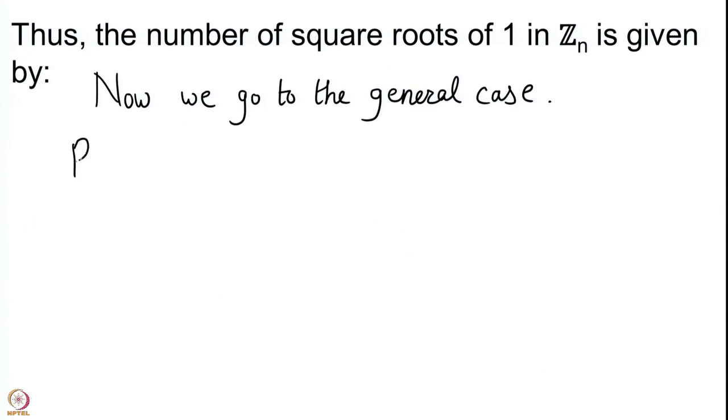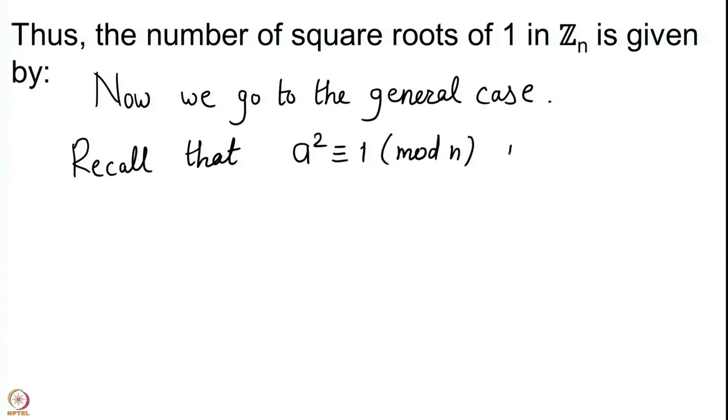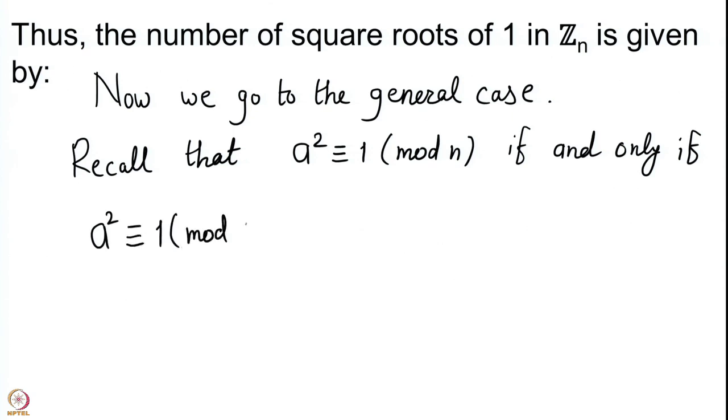So, recall that A square is congruent to 1 mod n if and only if A square is congruent to 1 mod p_i power n_i, where we have this prime factorization.